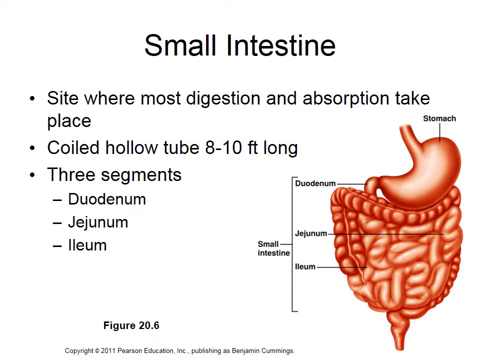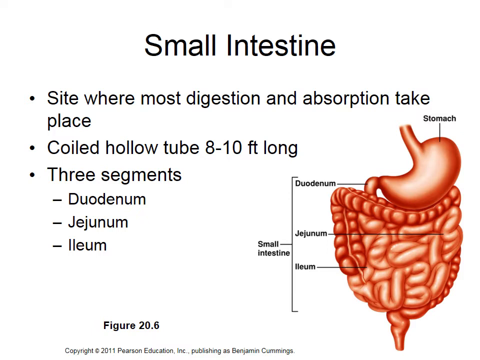All right, so our next organ on our trip from the mouth to the anus is the small intestine. Your small intestine is 8 to 10 feet long, and we're going to separate it into 3 segments: the duodenum, the jejunum, and the ileum. The stomach empties into the duodenum, which empties into the jejunum, which empties into the ileum.